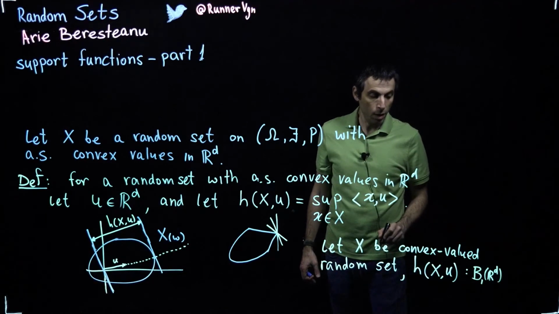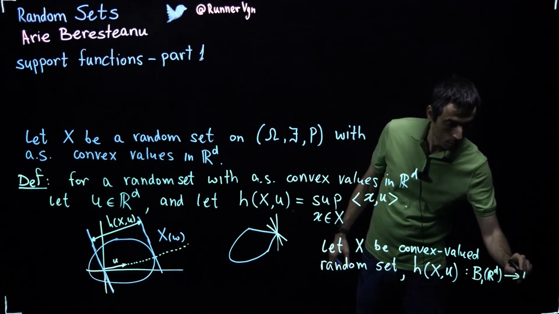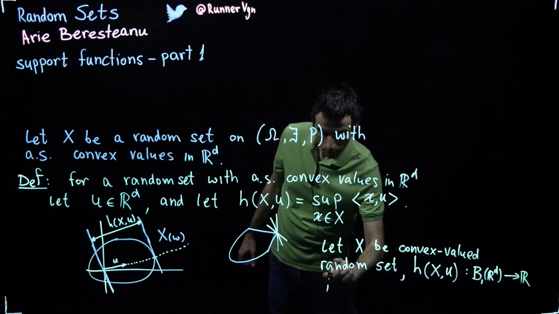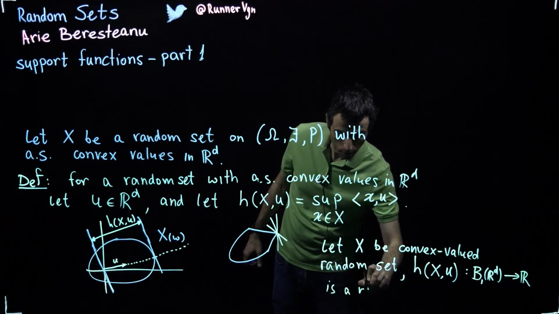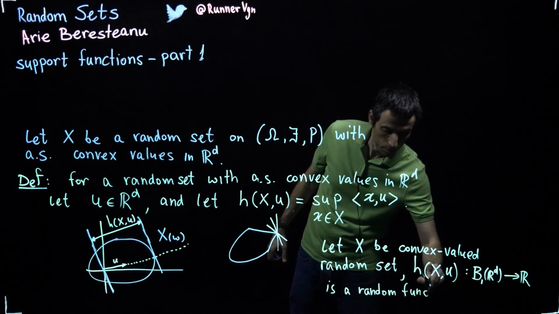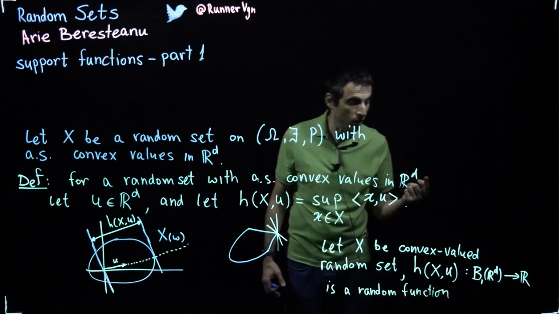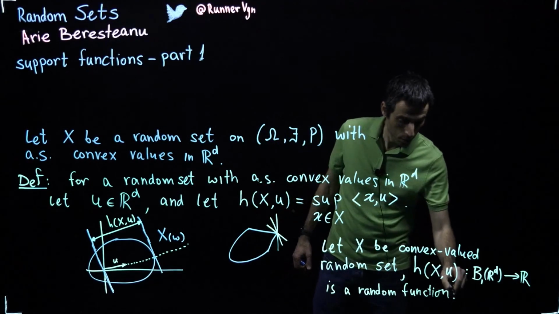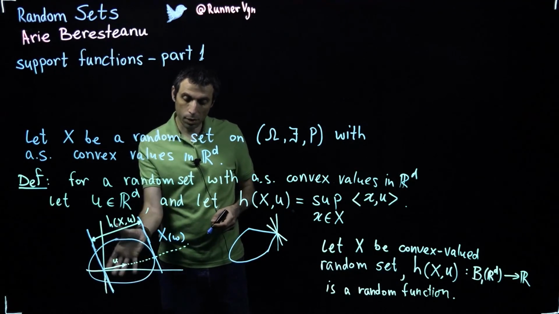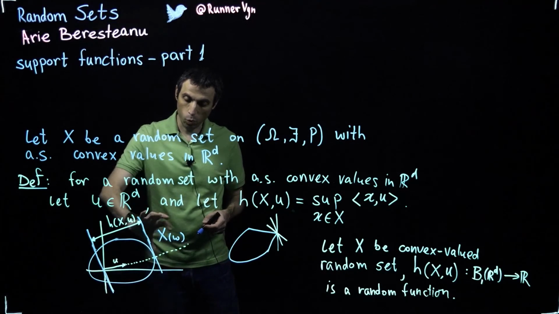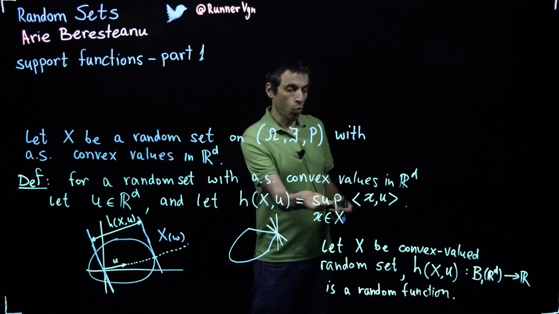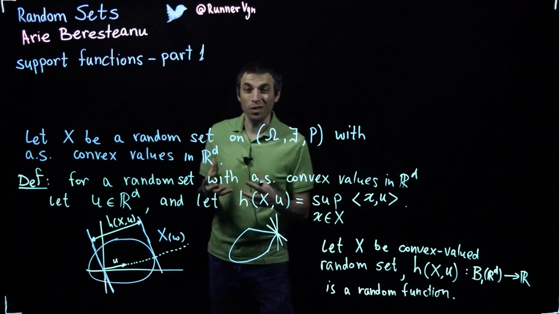defined to R. This is a random, R-valued random function. And so that gives us a nice way to characterize a convex set and work with a random function rather than a random set.